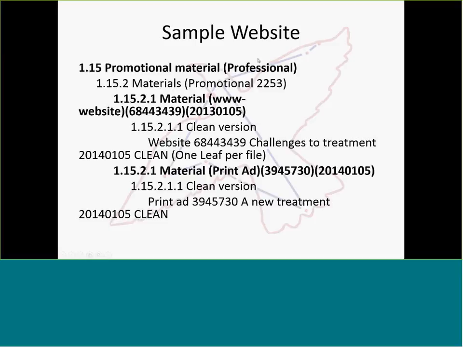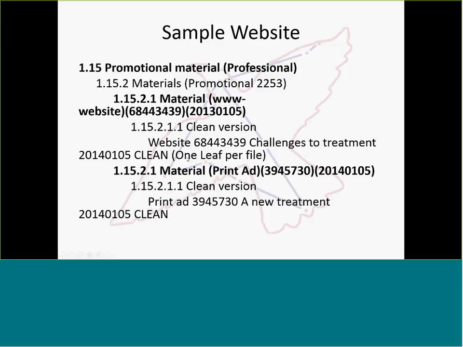Here's an example of a website. Again, as you can see, this is a professional piece. It's promotional. It's referenced in the 2253, and you're submitting a website. The clean version, and this will be the initial submission, so there aren't any changes.